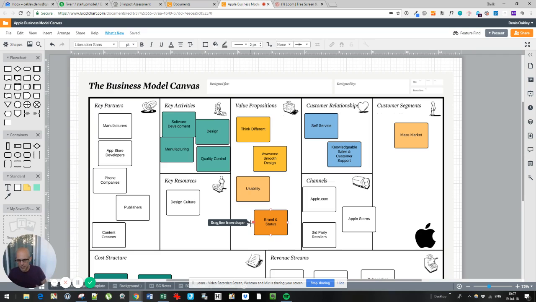That could well be a key resource, unless you're at a larger company and all your competitors have got large teams of AI researchers, in which case that's just what you have to have to get into the game. So very much, are the key resources giving you some competitive advantage? Are they giving you something that is difficult for your competitors to copy?